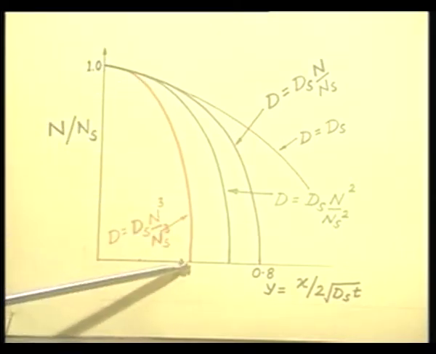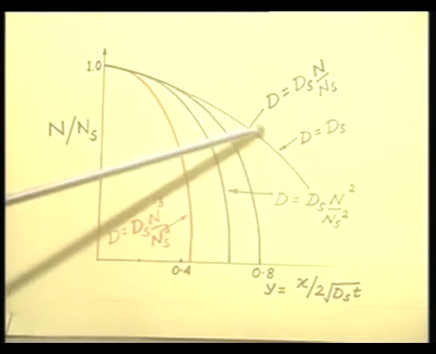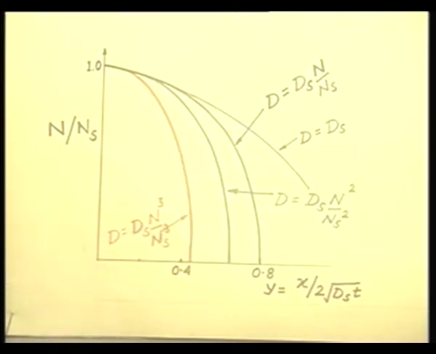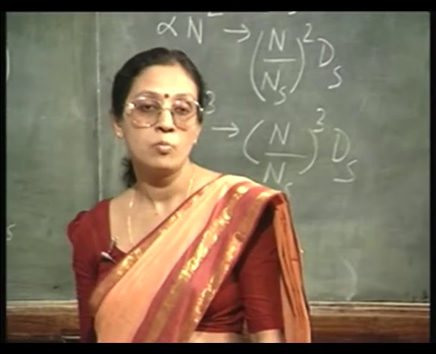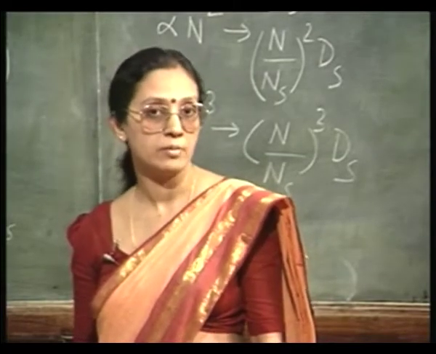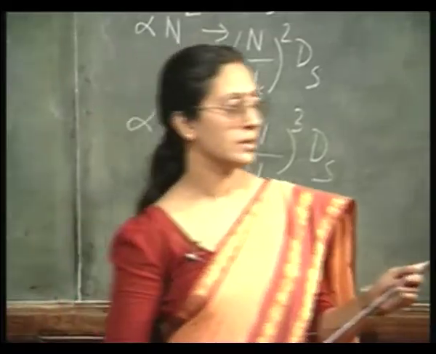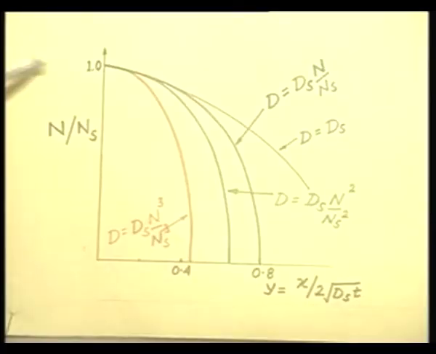This fall is much steeper compared to this fall. So when D is a function of the concentration, we obtain a more abrupt, more box-like profile. It is called a box-like profile, that is, it can be approximated as a rectangular box. This fall is almost vertical, that is why this can be approximated as almost a box.